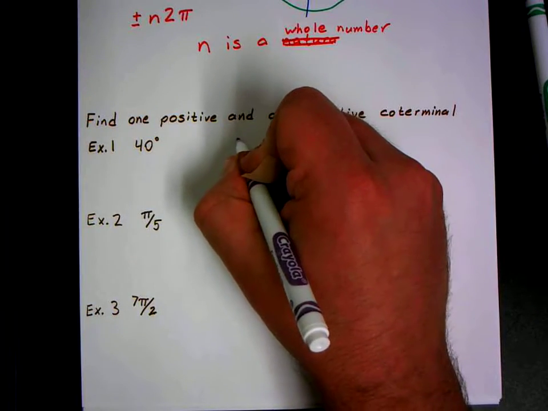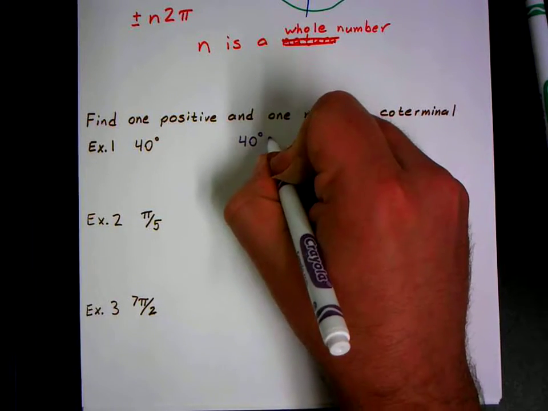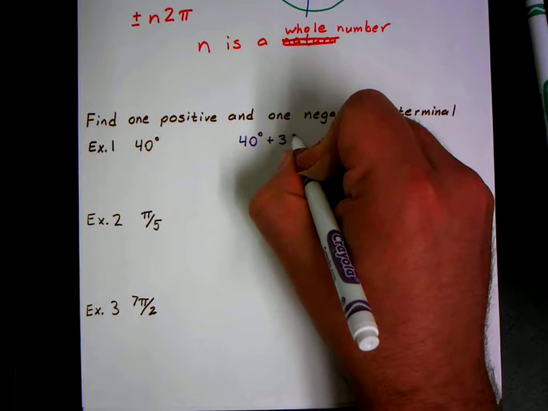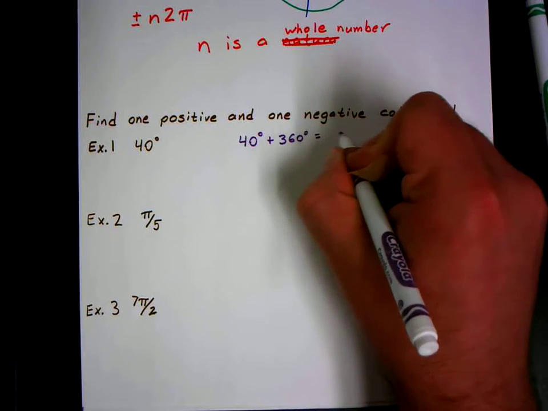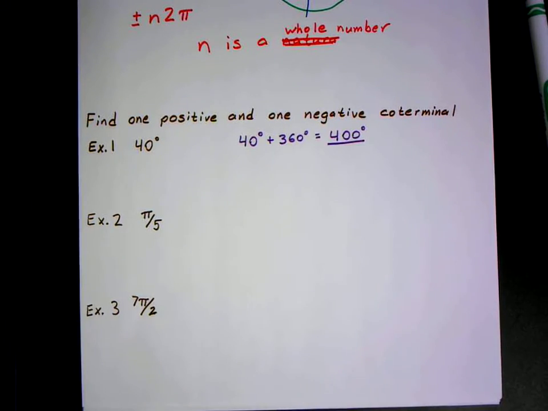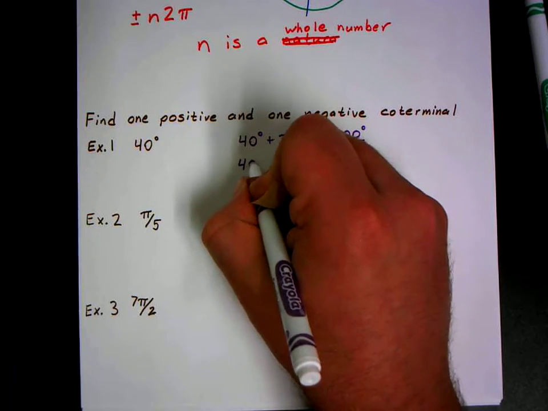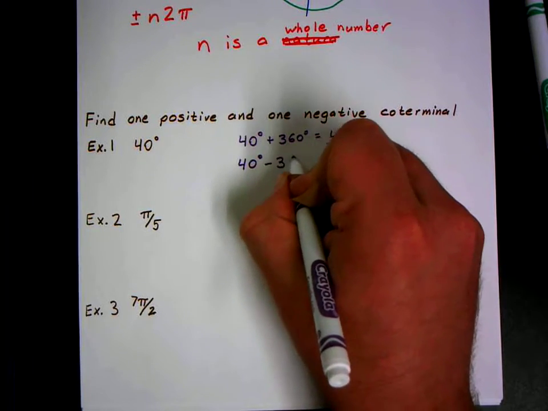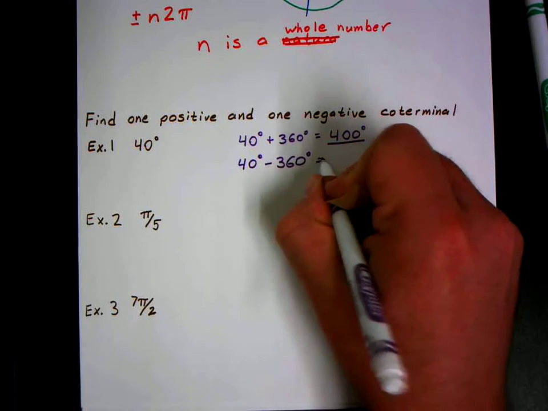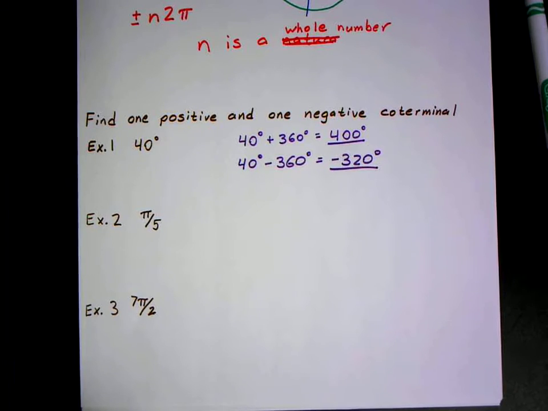So, to find a positive one, I could just take 40 plus 360. So there's a positive coterminal angle. If I want to find a negative coterminal angle, there's a negative.